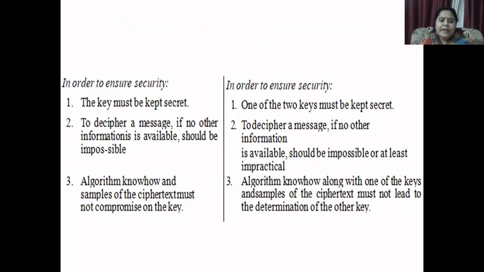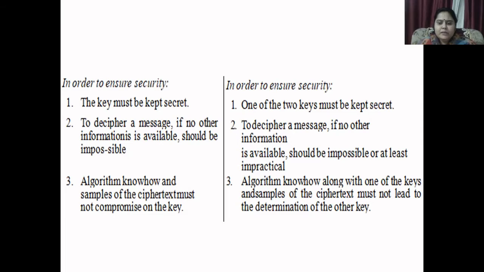In order to ensure security, in the conventional method the key must be kept secret, and in public key encryption one of the two keys must be kept secret. Next, it should be impossible, or at least impractical, to decipher a message if no other information is available.